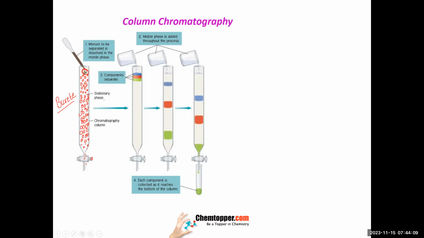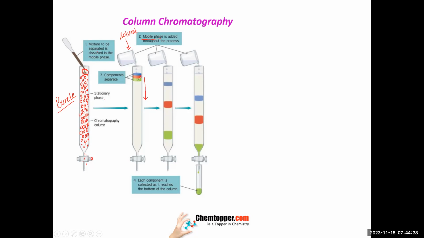Now on this solid stationary phase with the mixture, you are adding the solvent, the mobile phase. Solvent, we are selecting the one which can dissolve all the components. So you can see three components here in the mixture. As you add solvent, the solvent in the mobile phase will move faster down the column.